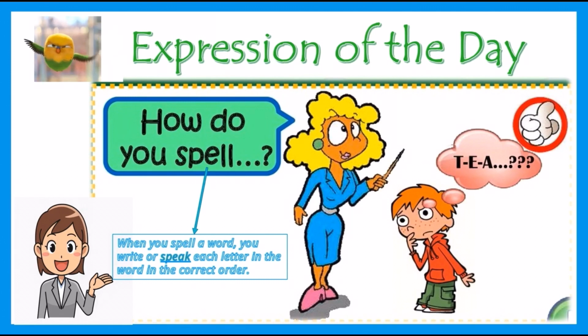Understand? So how do you spell your name? Say... Maria, M-A-R-I-A, that's my name. So, spell means you are going to write or speak each letter in the word in a correct order.